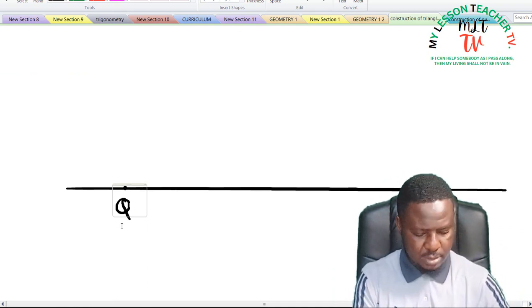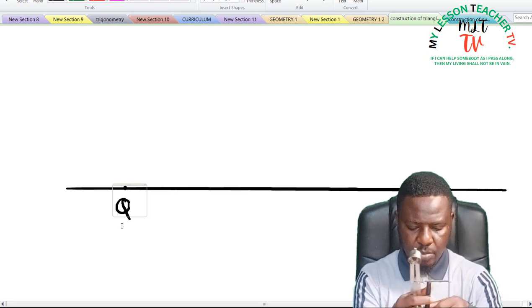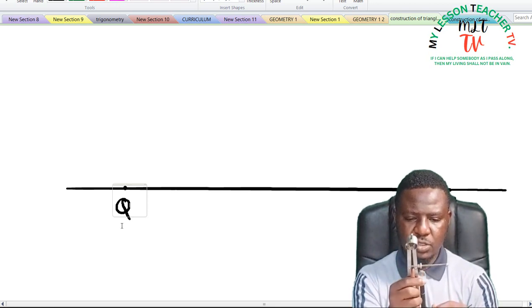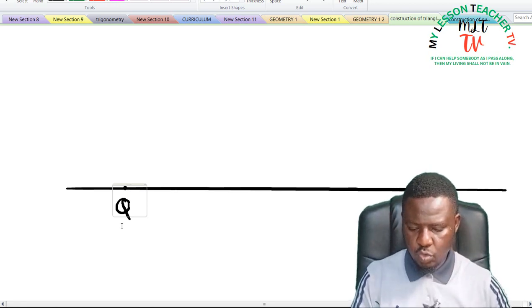So how do I get that? Let me adjust my compass. You ensure that the edge of the pencil coincides with the other leg. And once that is done, you then place your ruler.